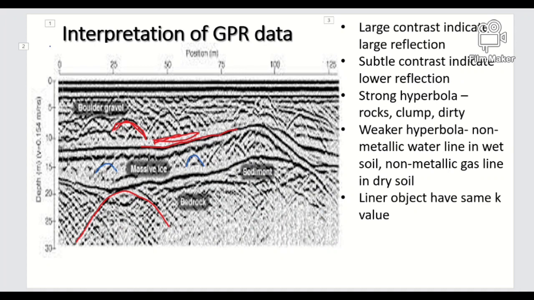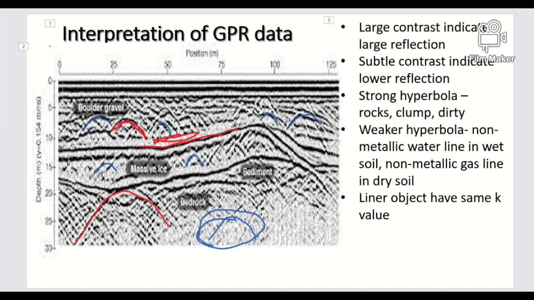So it's a wet water line, or a non-metallic gas line in dry soil. More contrast in shallow depth and less contrast in the deeper layer. This portion has the least contrast. It may happen at greater depth of the subsurface.